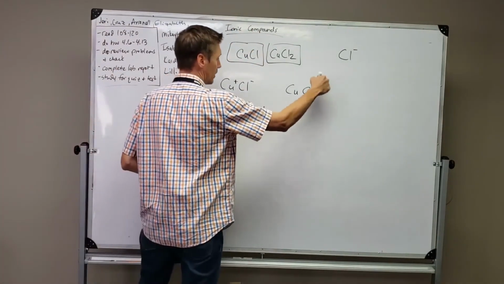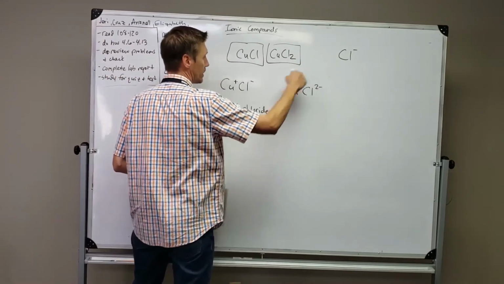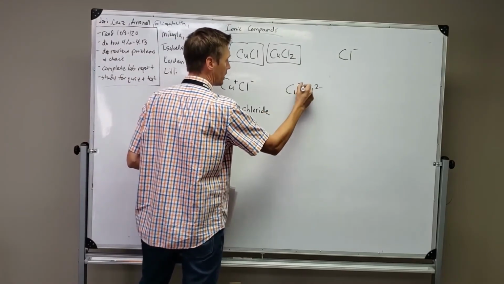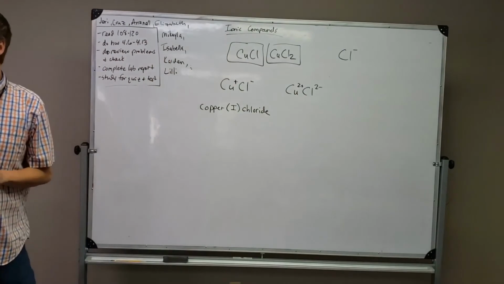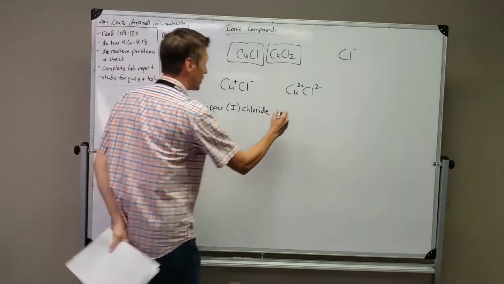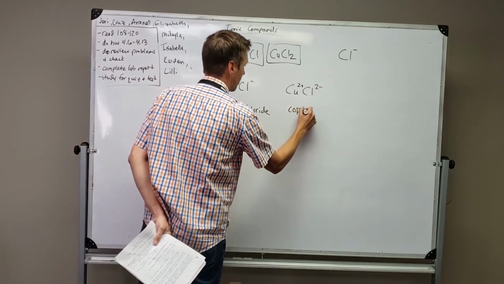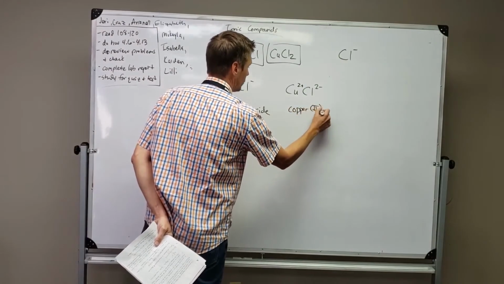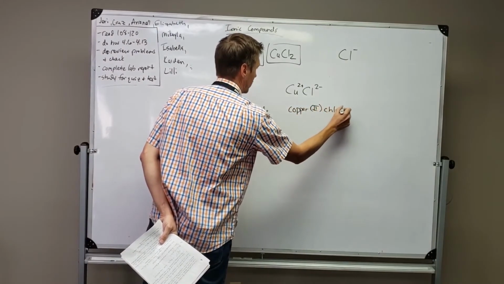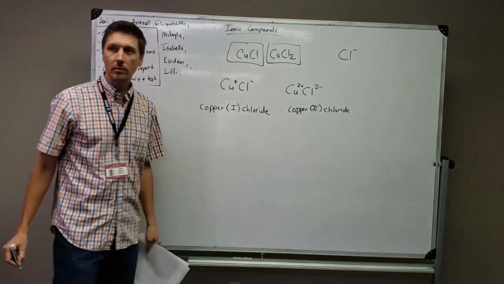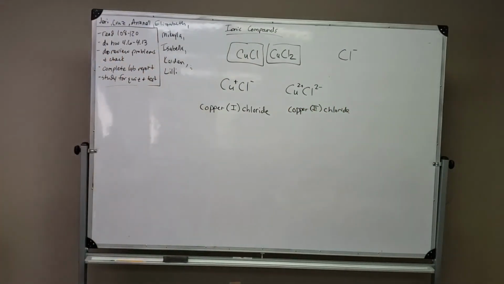So the point is, in order to balance this out so that the total charge is 0, copper is going to have a 2+ charge on it. And so we would write this one as copper(II) chloride. So does everybody see how we figured that out?